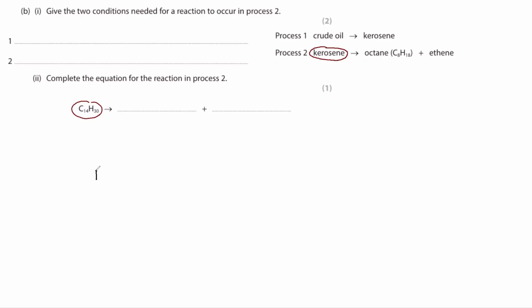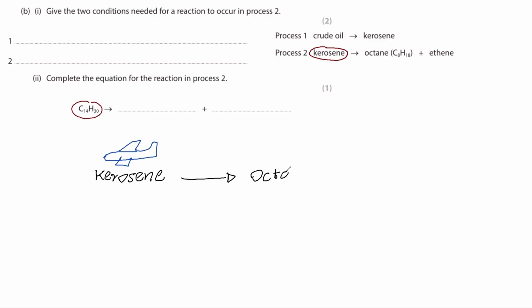Okay, we have kerosene. Now, what did I tell you? We use kerosene as a fuel for airplanes, right? Okay, we use it for airplanes.